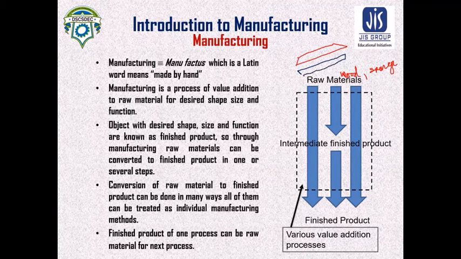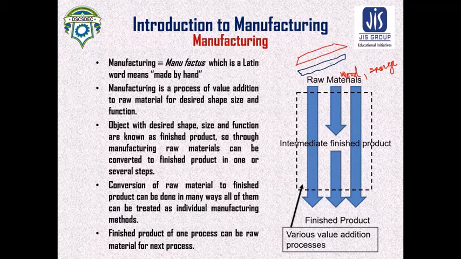Now both these parts are first made: from wood the wooden part is made, and from the sponge this spongy part is made. After that these two are our intermediate finished products. Now if we have to get our finished product, we have to join them.